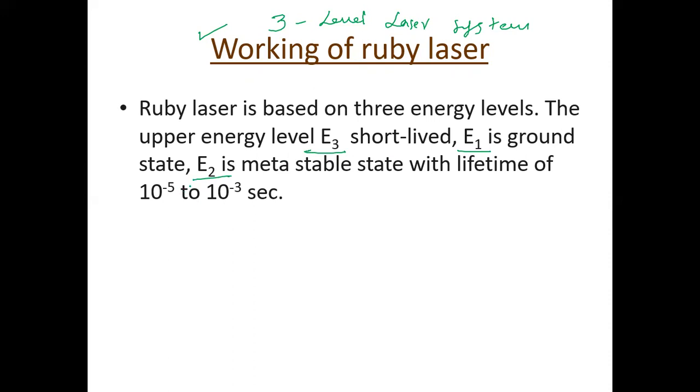The E3 energy level is a short-lived energy level, E1 is the ground state, and E2 is the metastable state. That means the metastable state has a lifetime of 10 power minus 5 to 10 power minus 3 seconds.